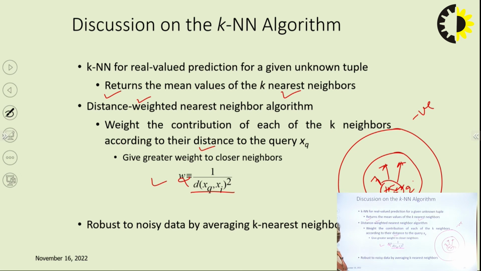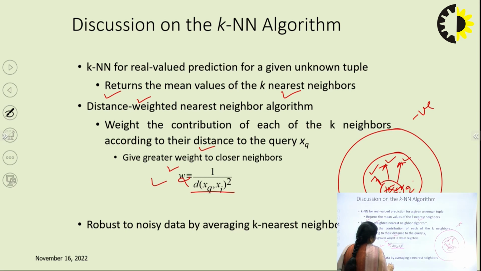If the distance is high, the weight will be low. If the distance is low, the weight will be high. So here, more weight will be given to these 2 positives and less weight to these 3 negatives. Although we have considered all 5 objects in the neighborhood, more weight is given to the nearest points and less weight is given to the other points.